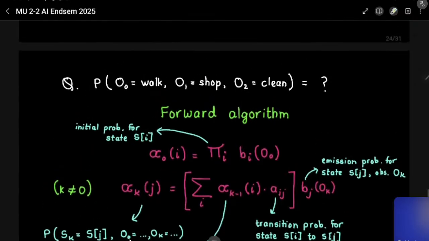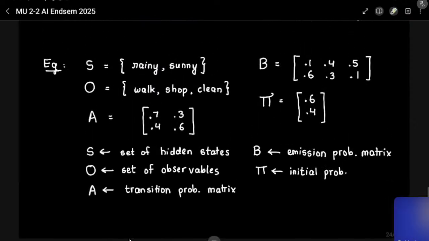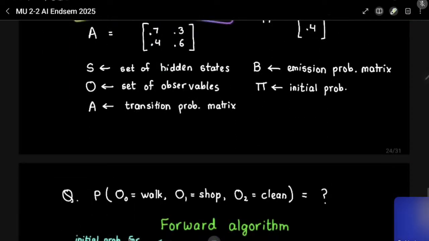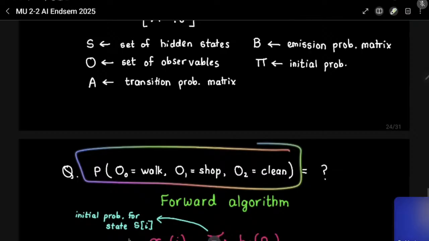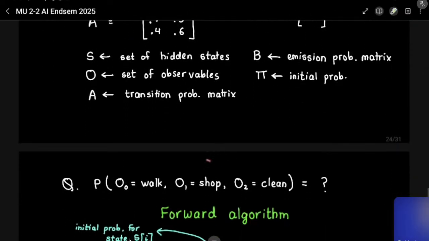So if the observation is sharp, so sharp is the second observation, no? In the set of observables. Mind you, this is the set of observables, and this is the sequence of observations. Do not confuse them. The sequence of observations can change. You can find the probability of sharp, walk, sharp.